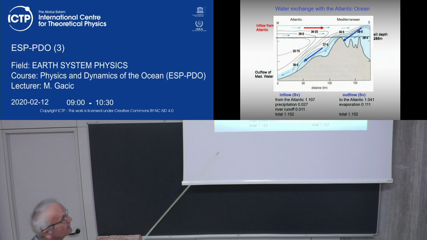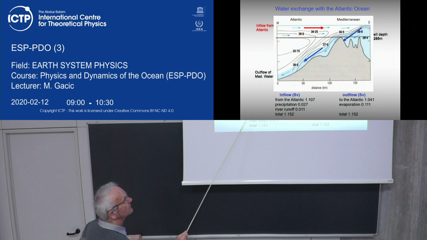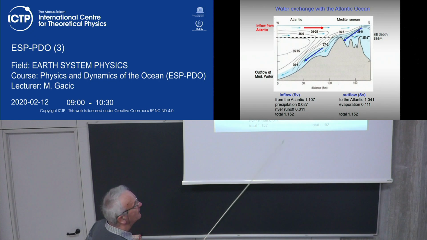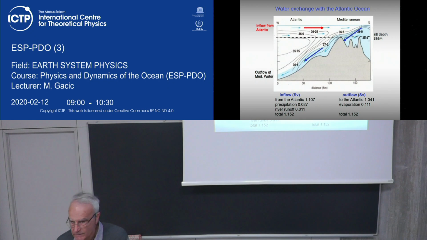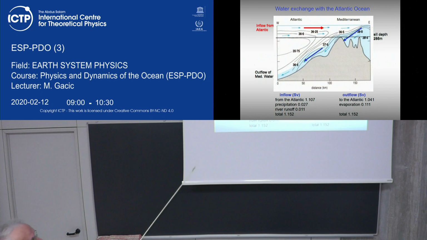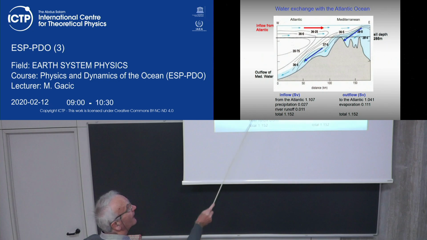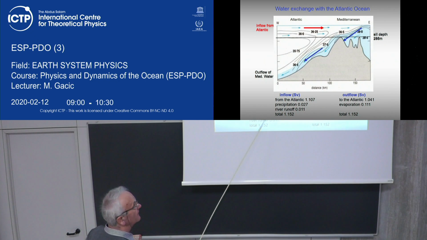And this is the total water budget. From the Atlantic we have 1.1 Sverdrup, because a Sverdrup is a million cubic meters per second. So 1.1 million cubic meters per second enters the Mediterranean surface layer.